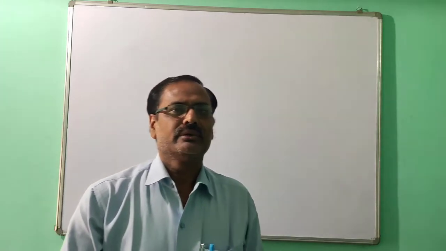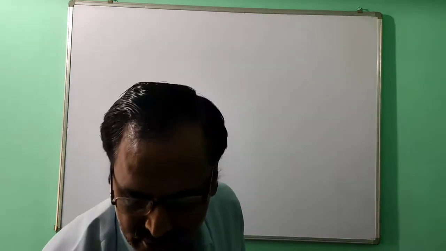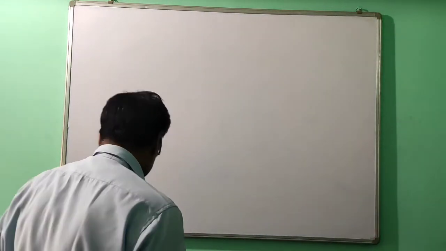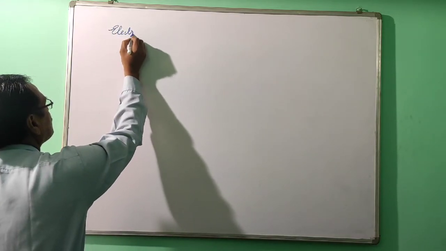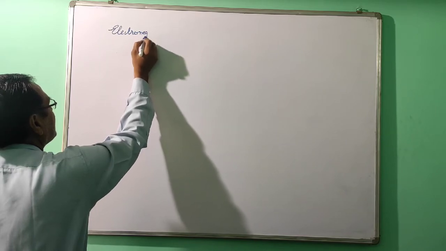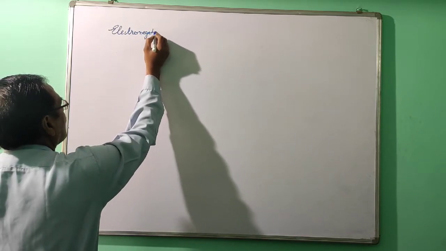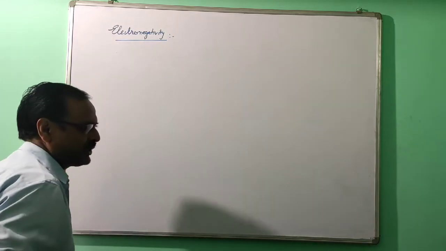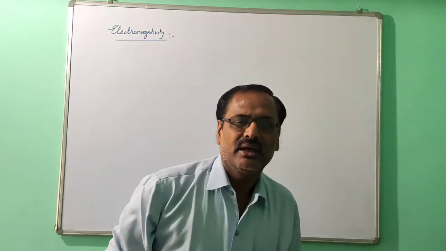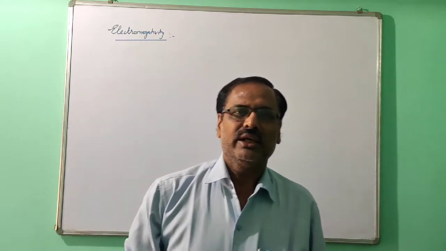Good morning. Today we are going to study the next periodic property, which is electronegativity. In the other periodic properties we have seen atomic size, ionization potential, and electron affinity.